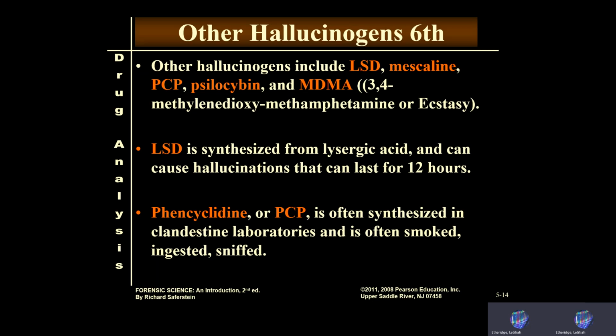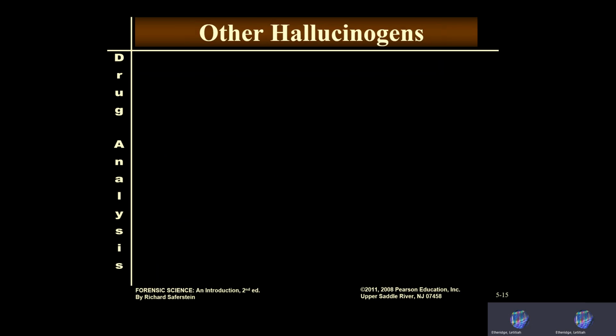When we talk about PCP, the reason why it's such a problem, first of all, it's PCP, right? But the other problem is that it is synthesized in all of these secret laboratories. In terms of PCP and how it's ingested, it's usually smoked or sniffed, or you can also eat it.